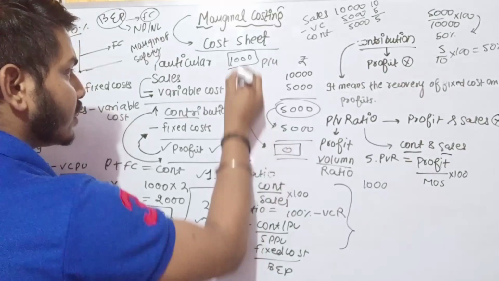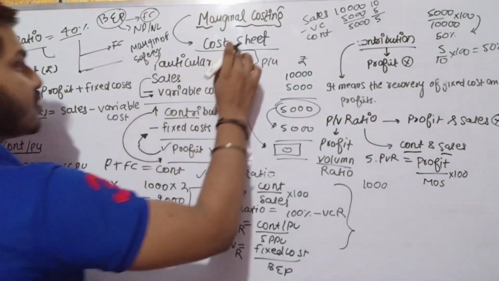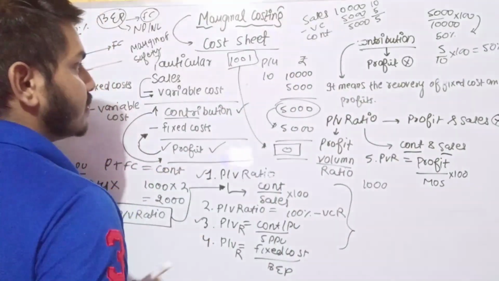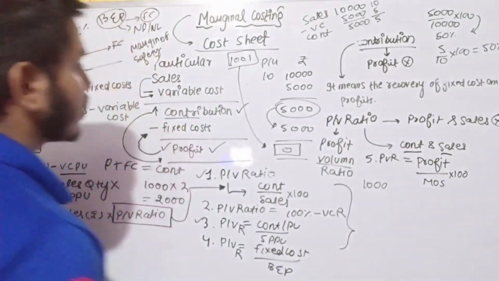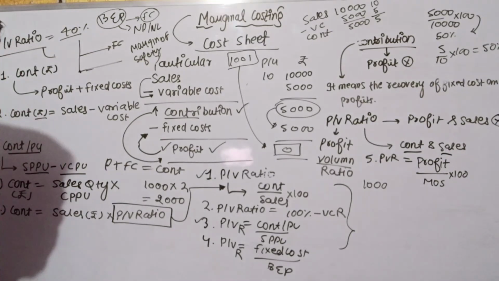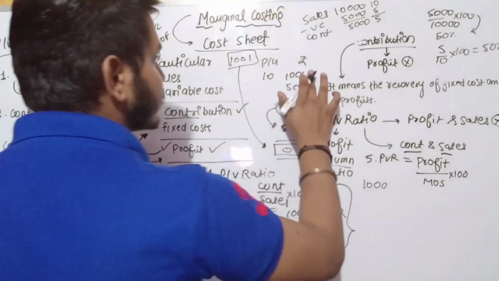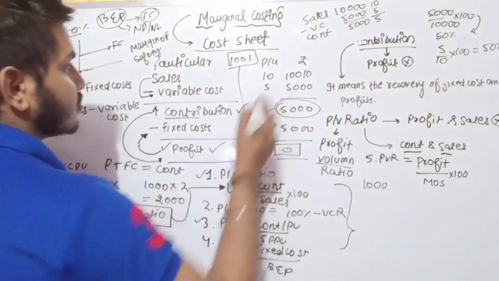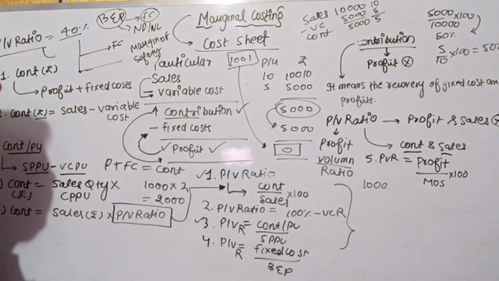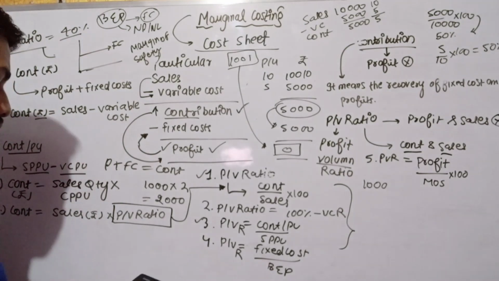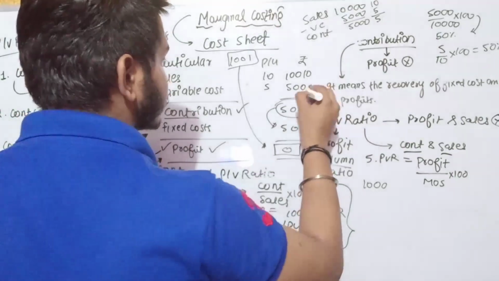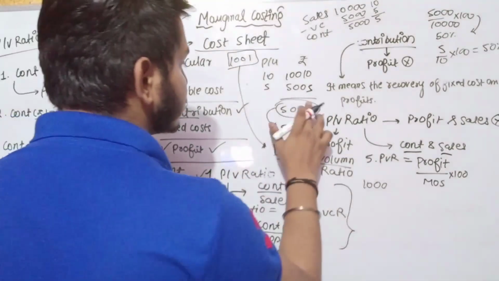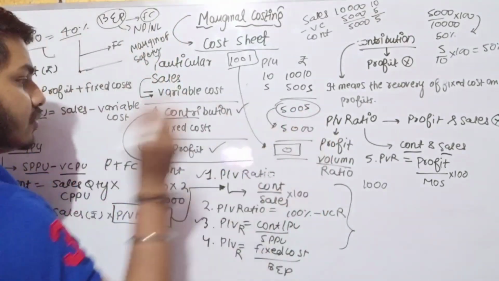loss. After 1000 units, if you sell even 1 unit, let's suppose the selling price is 10, then if you sell 1001 units at 10, the variable cost would be like this, the contribution would be like this, but the fixed cost remains the same.